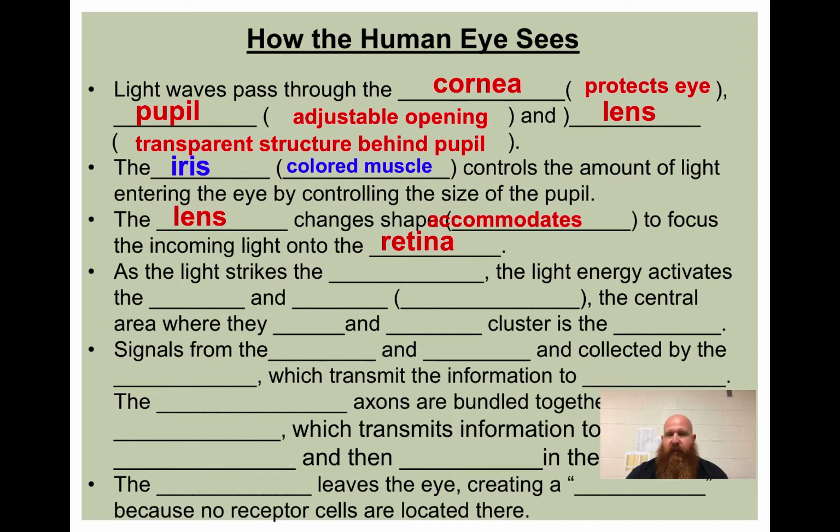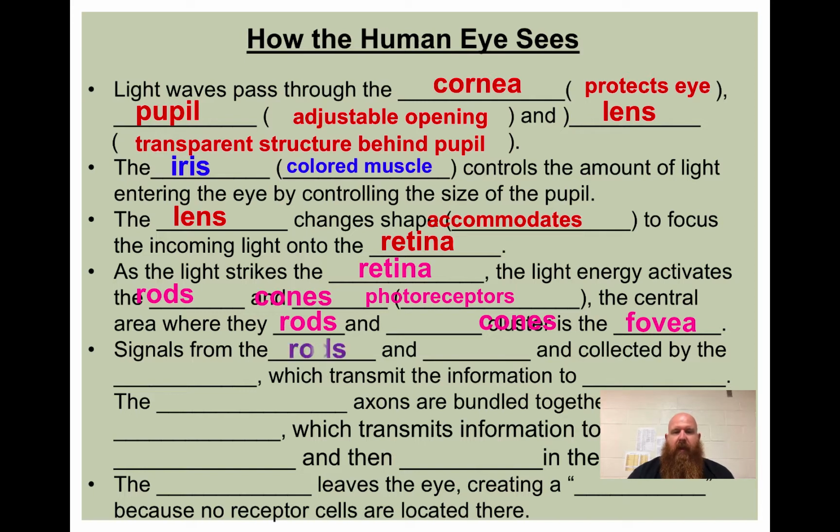As the light strikes the retina, the light energy activates the rods and cones, which are your photoreceptors. The central area where the rods and cones cluster is the fovea. I'm going to have to adjust this before I post it online.